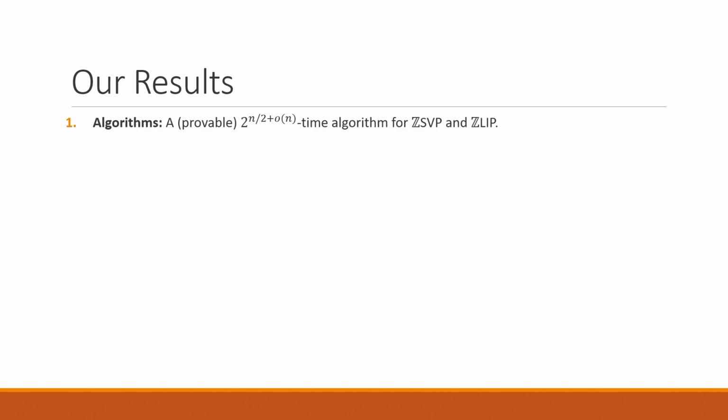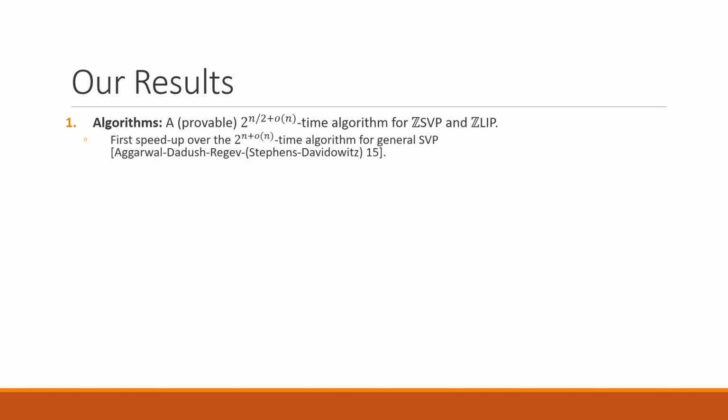So, results in our paper. The first result is a provable 2 to the n over 2 time algorithm for ZSVP and hence for ZLIP. It's still exponential, but this is the first non-trivial speed up over just the fastest generic algorithm for the shortest vector problem.